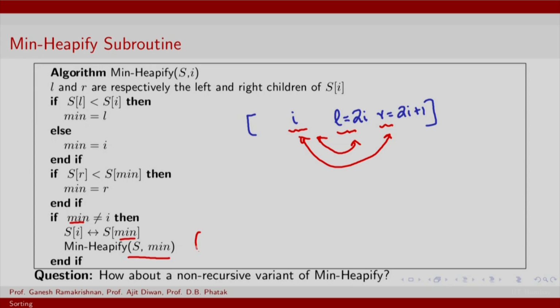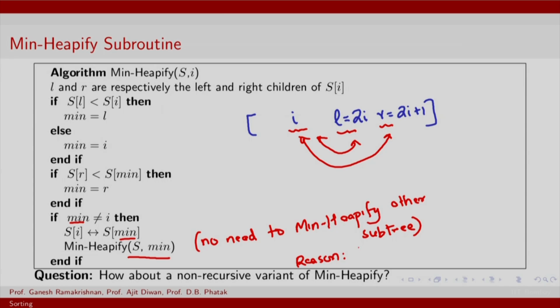There is no need to min heapify the other subtree, the subtree that did not correspond to the min element, and the reason for this is we already had a min heap before i got introduced.